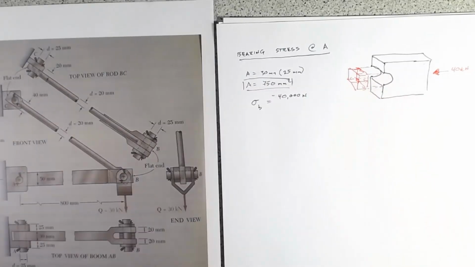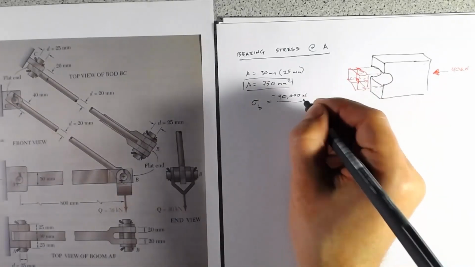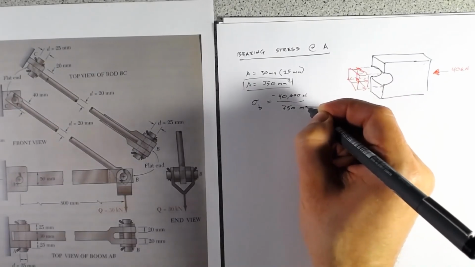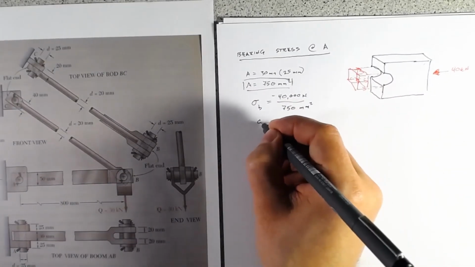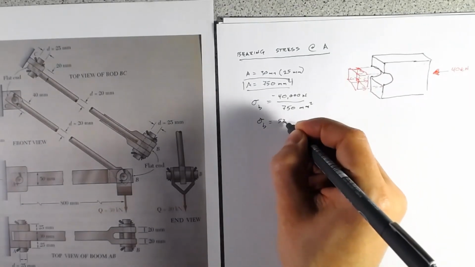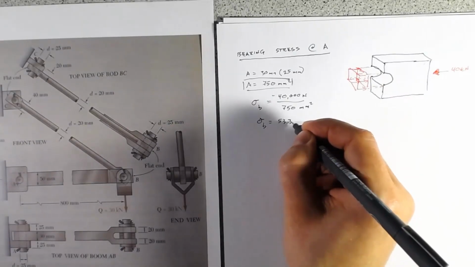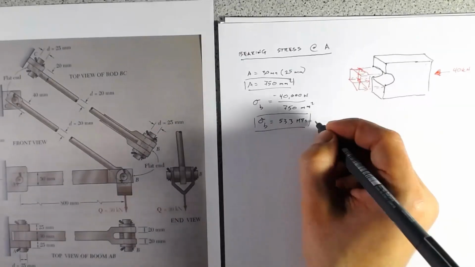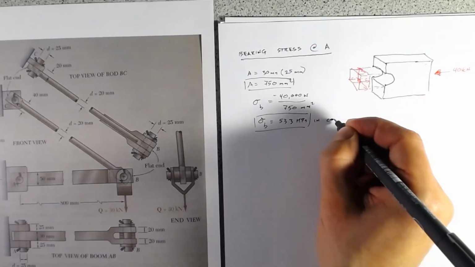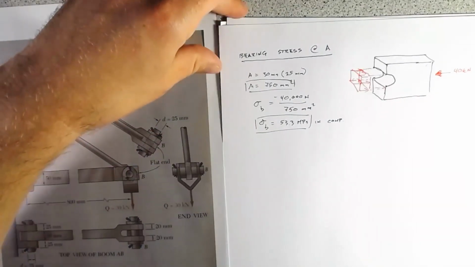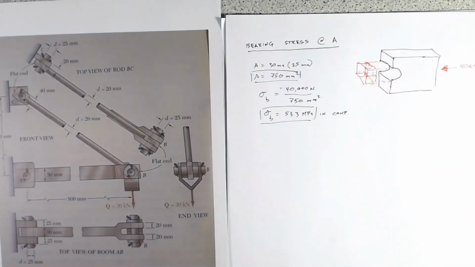We'll put a negative on there because it's in compression, divided by 750 millimeters squared, and we find that our bearing stress is 53.3 MPa. And we'll say that's in compression, which is a little redundant because bearing stress kind of by definition is in compression. So cool.